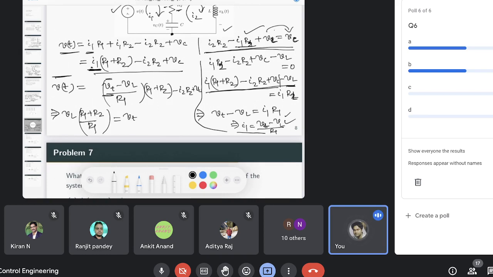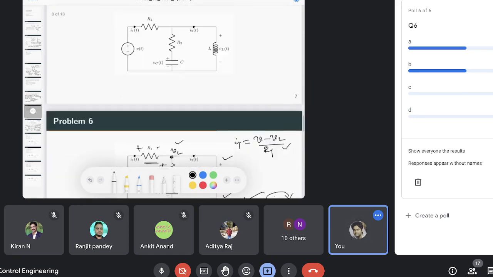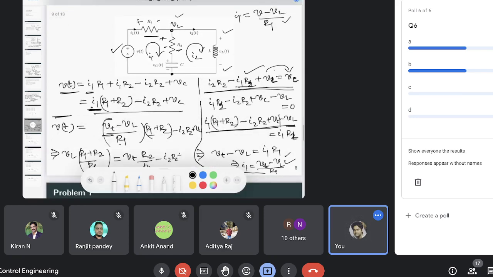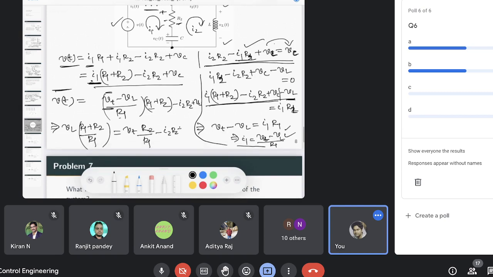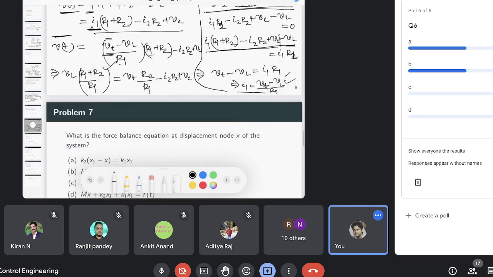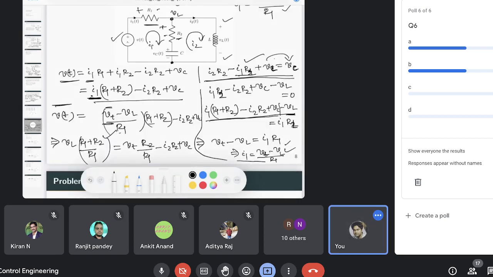So you can see it is R1 minus 1, so you have R2 by R1, minus I2 R2 plus Vc.